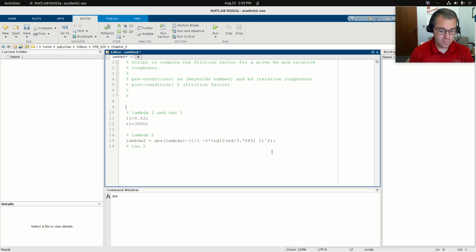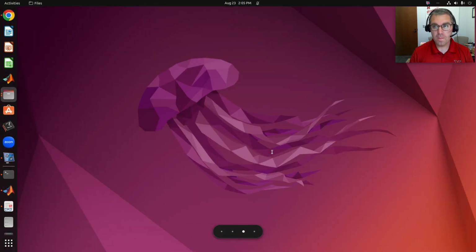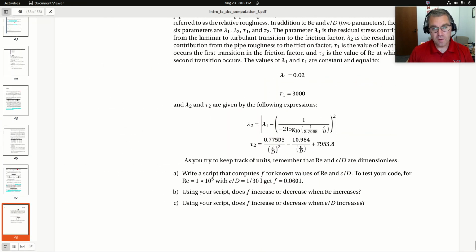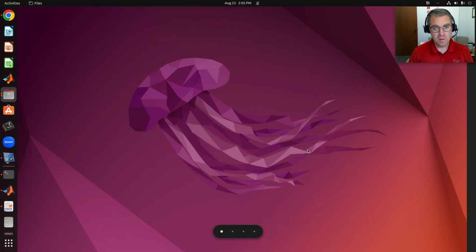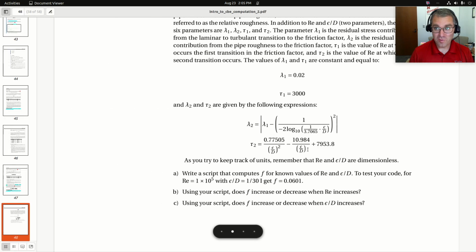Let me just say, our first 2 parameters are constant. Our second 2 parameters are functions of the relative roughness. So for tau 2, I'll take it one term at a time. Sorry, I keep flipping the wrong screen. This one's a little more straightforward.